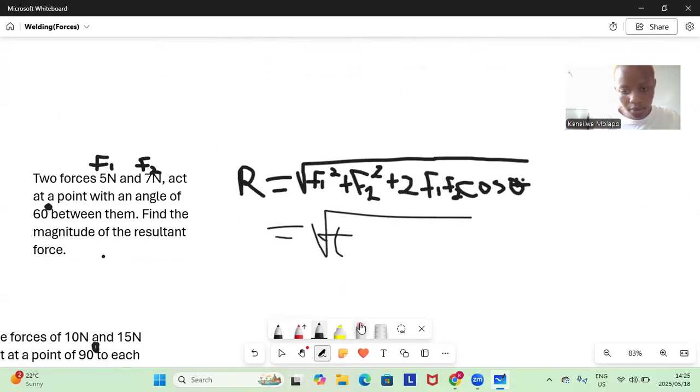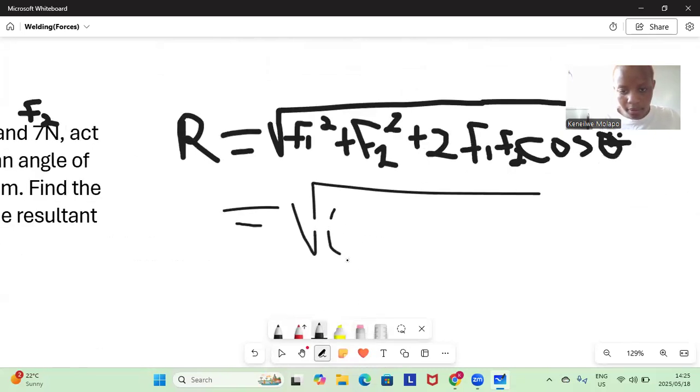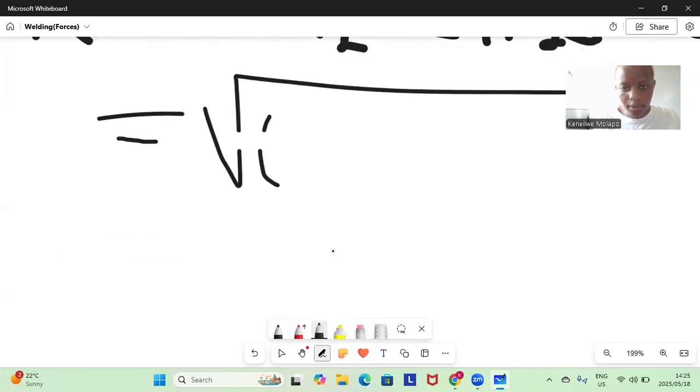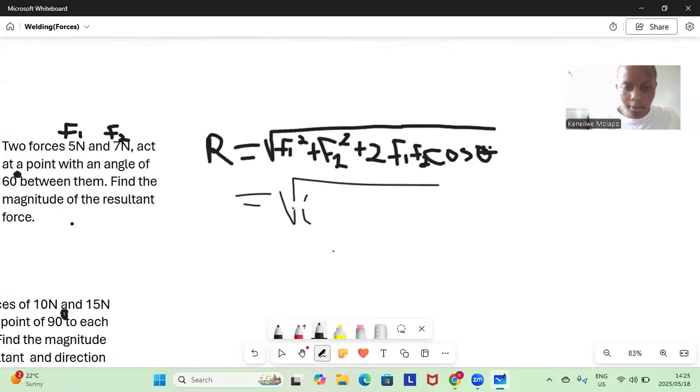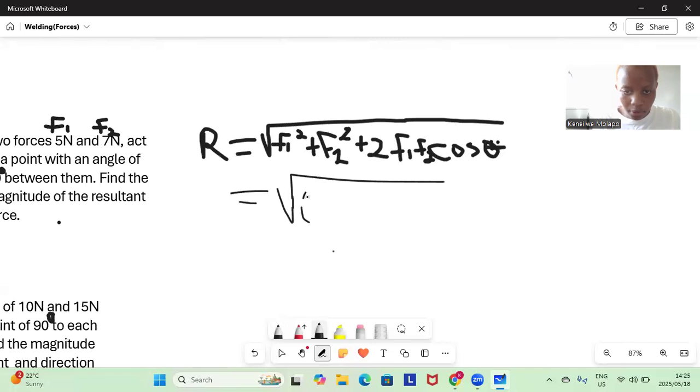Sorry guys. Let me zoom it for you so that you can see. Okay, let me reduce it. Here you'll just say, let me close here. Open bracket. Then you put your 5 inside here. Then you square your 5. You say plus, your F2 is what?